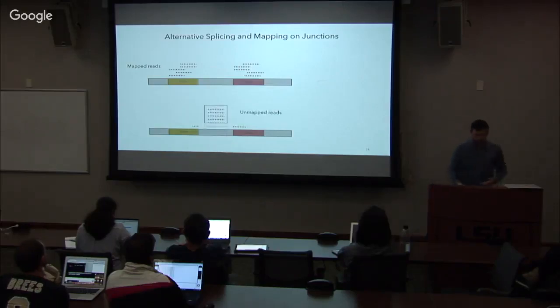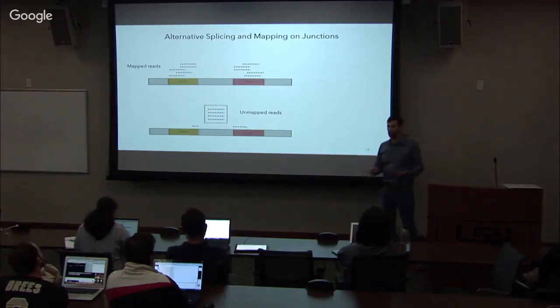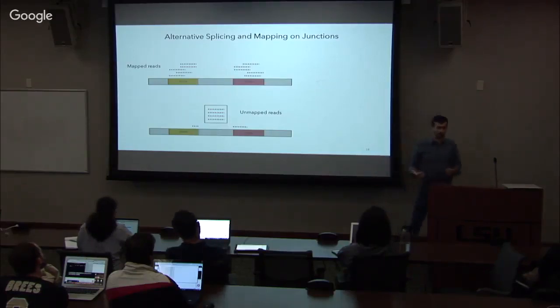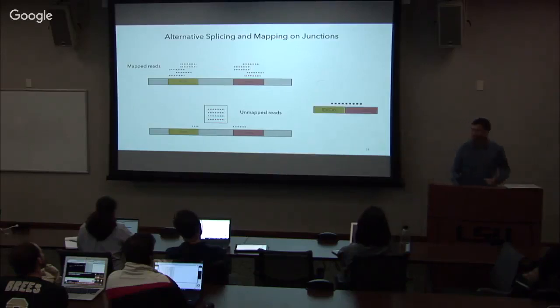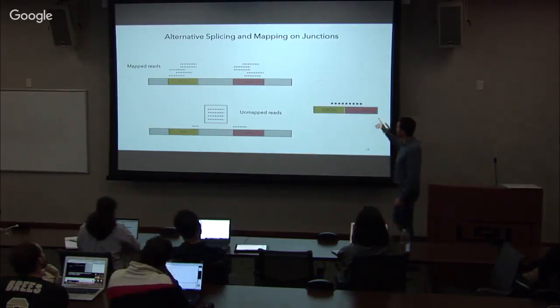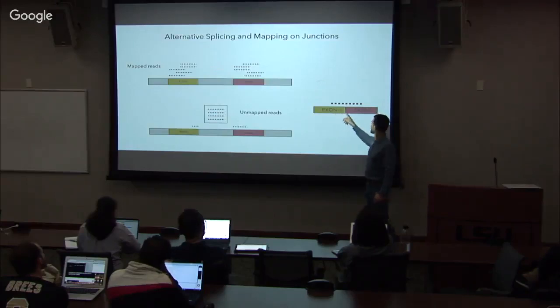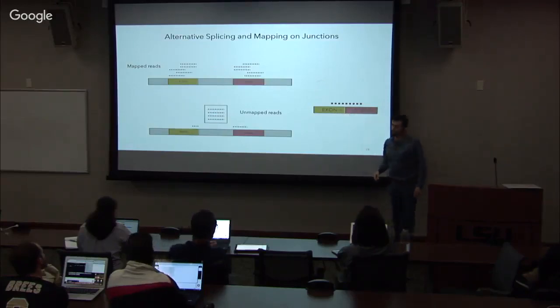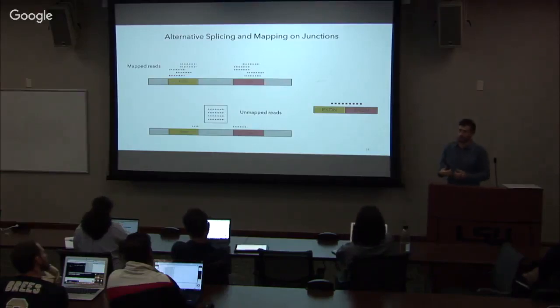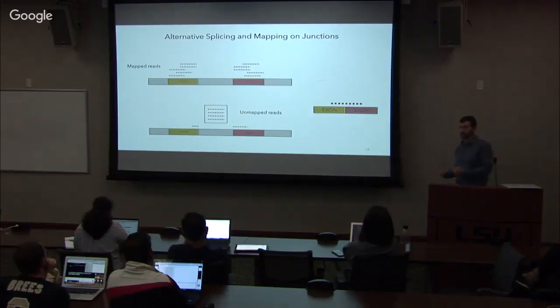And then you will have some unmapped reads, reads that didn't fall really with a good quality on this exon or another exon. However, within the sequence, you have an evidence that this read contains some portion of this exon, some portion of that exon, and this is hard evidence that they are spliced together. So that's how we start to assemble the isoforms.